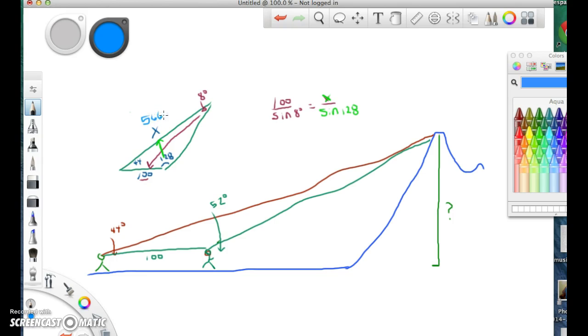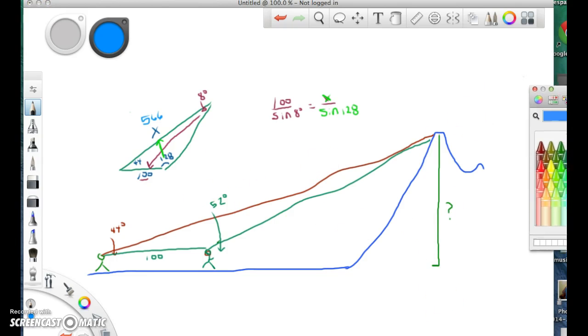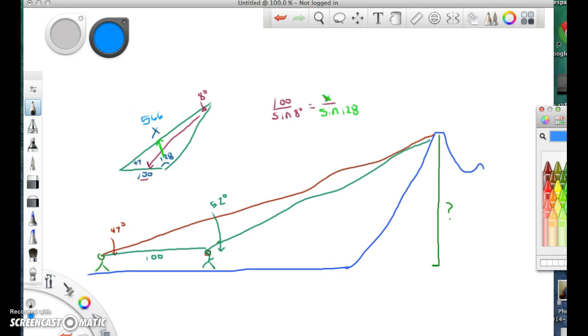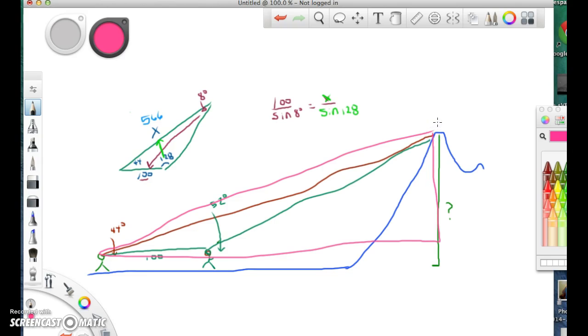Okay. Now how is this number going to help us get the height? Well, now we could draw the bigger triangle. I'm going to use a color I haven't used, well, pink. Now we have this triangle right here.